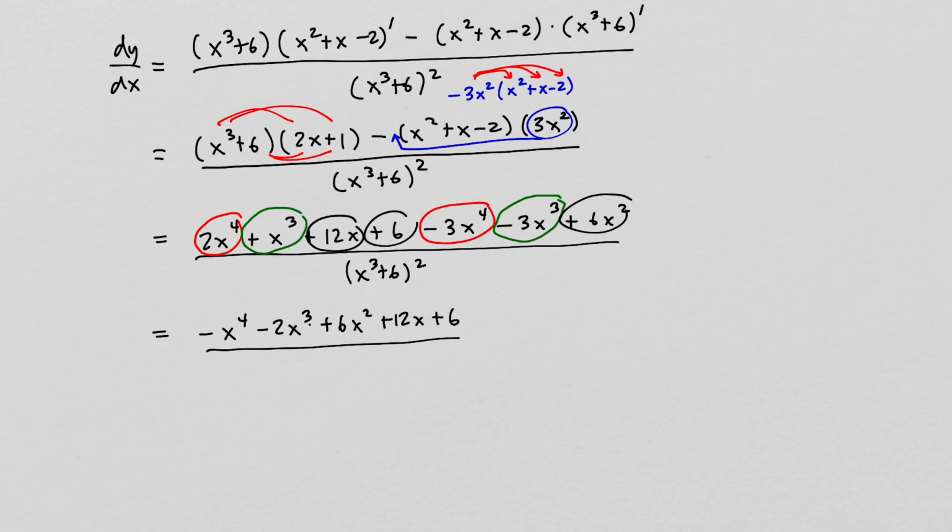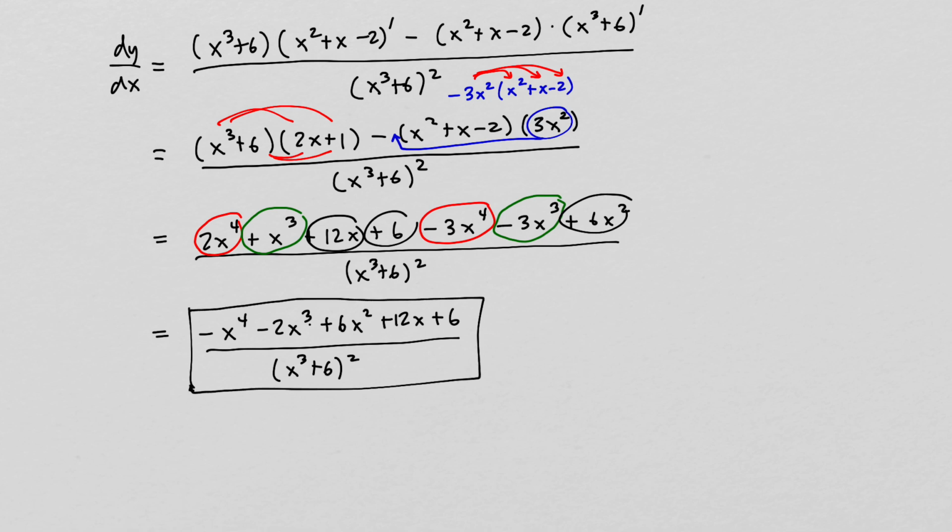All divided by x cubed plus 6 squared. And in this case, I'm going to stop here because even though that numerator might be factorable, it's going to be a lot of work to factor this. And so in this case, I'm just going to leave the answer as is.